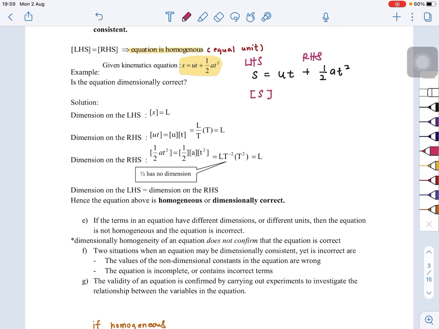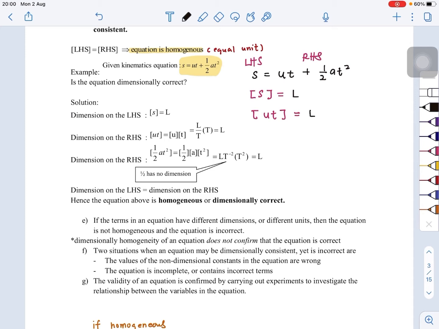Dimension untuk displacement. Kita tahu displacement adalah distance, benda yang sama kan, dia sebenarnya adalah length. So it is just L. And then kita tengok the next one, velocity and time. So velocity, the dimension, remember before this, dia adalah meter per second.